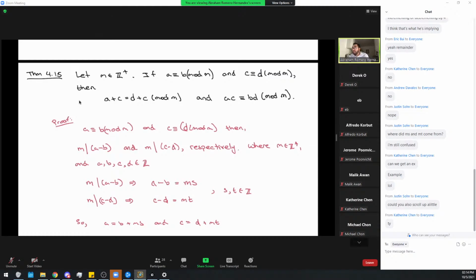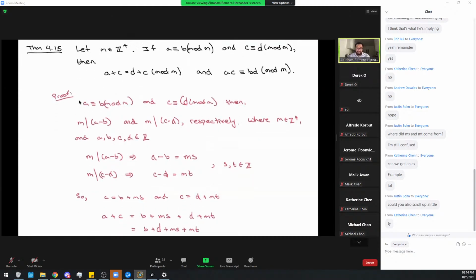That pretty much ends the section of 4.1. But any questions on that? Again, I'm sorry for taking too long on that proof.